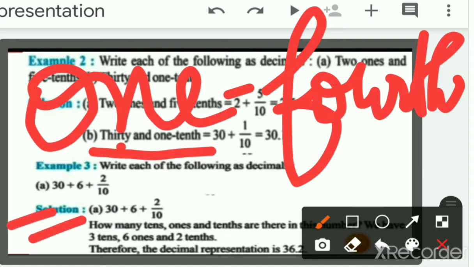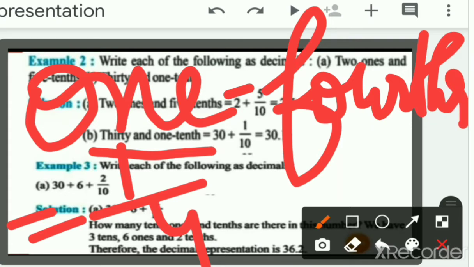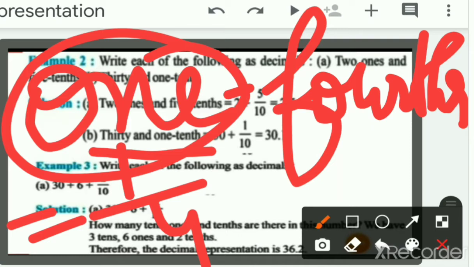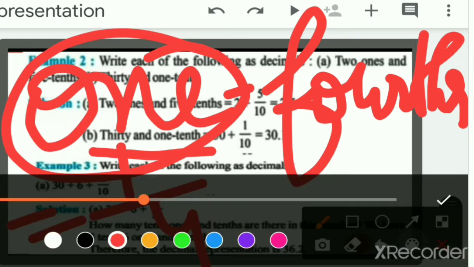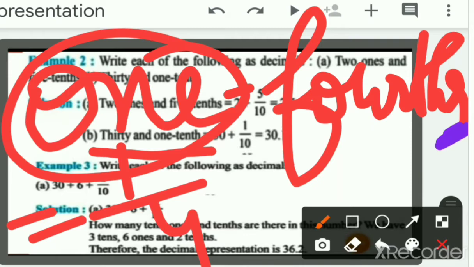We are just writing 1/4. It is only one number, only one. If it is 2, we can write S behind it, but if it is 1, we will not write S behind it.